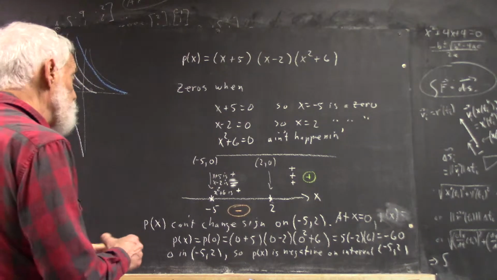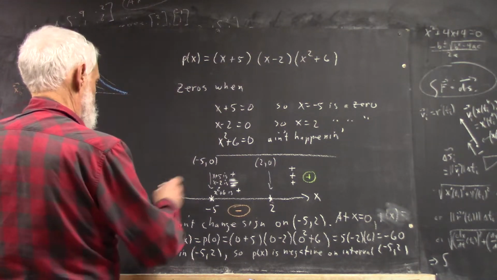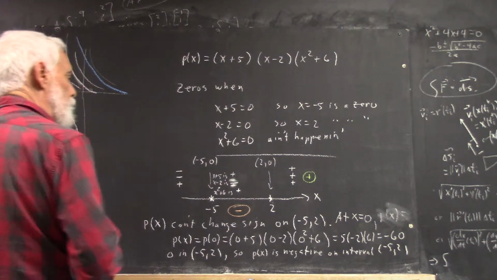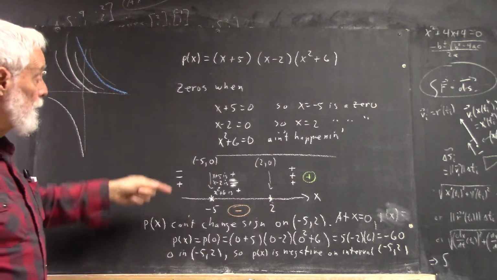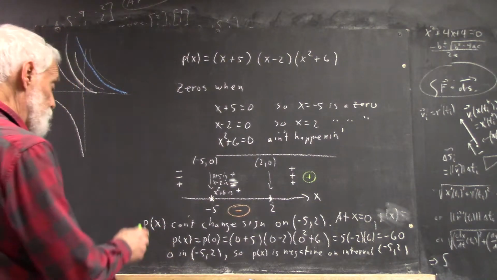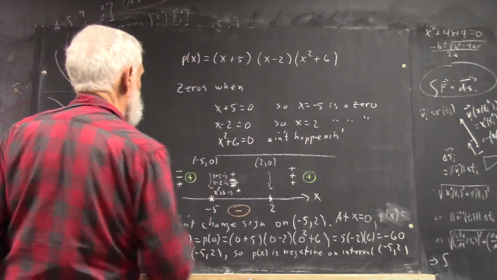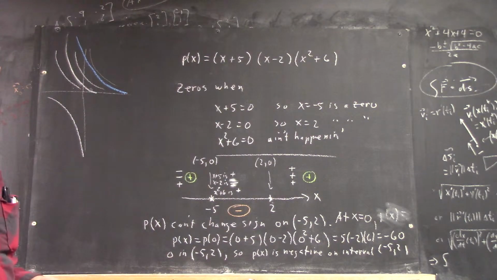So now I know that on this interval, I have negative, negative, positive. Well, if I multiply a negative by a negative, it's going to be positive. If I multiply that by a positive, it's going to be positive. So I'm going to put a big old plus over here. Make sense?